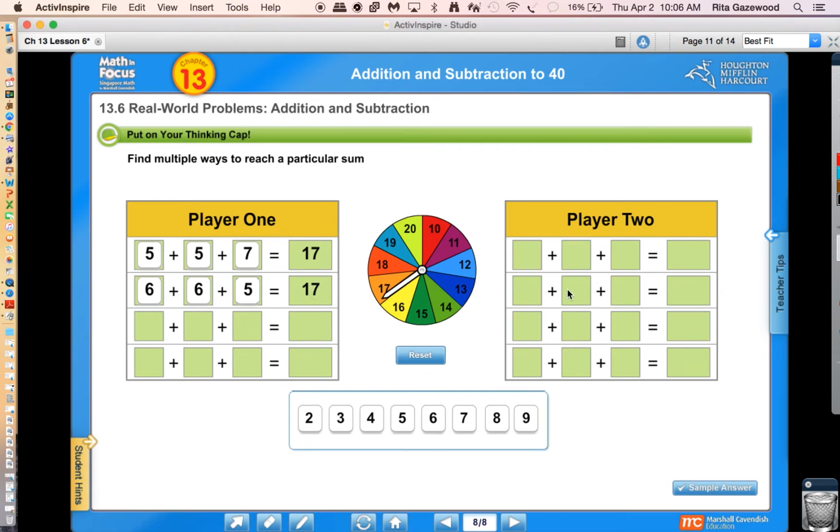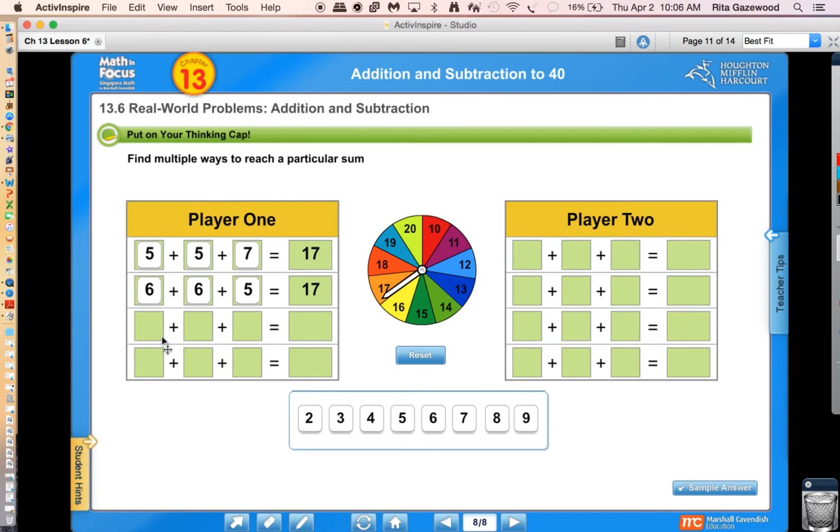Now it's your turn. What 3 numbers will you add together to get to 17? Is your way different than mine?